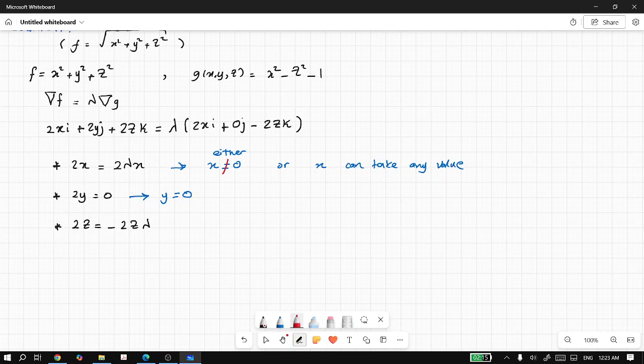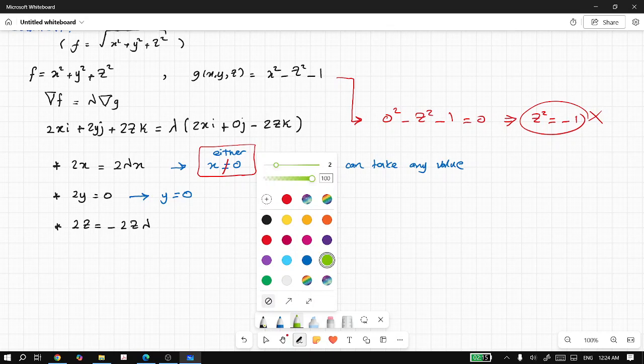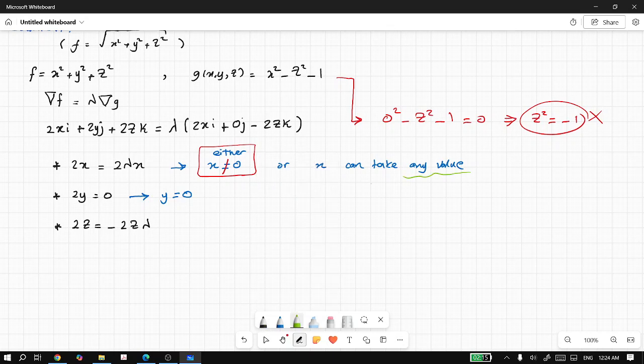Because if x is equal to 0, subject to the condition that we have, we get 0 squared minus z squared minus 1 is equal to 0. From here, I get z squared is equal to minus 1, which is impossible. So we are excluding the case that x is equal to 0. We only consider the case that x can be any other value.